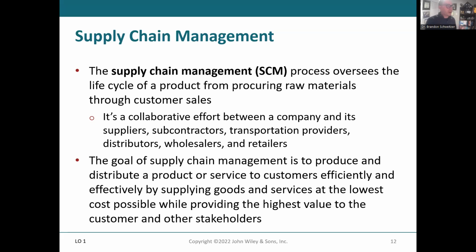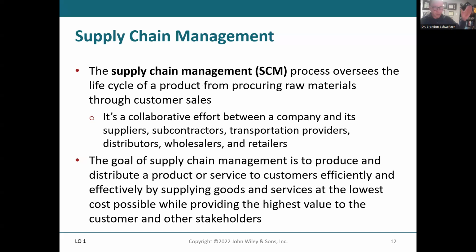And this relates very directly to supply chain management, which of course is the process of overseeing the life cycle of procuring those raw materials like sugar, all the way through the sale of the finished good to the customer. The supply chain helps us to effectively manage our inventory across its stages, right?